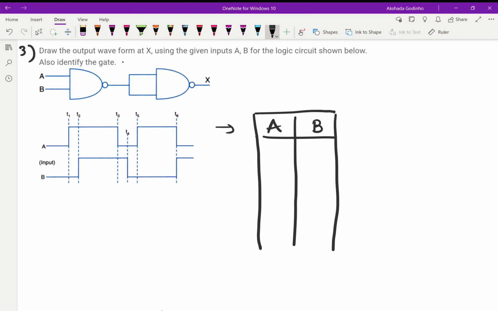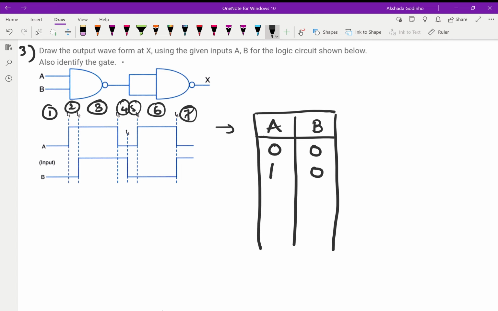So we have A and B. Let's start. It's already marked for us, so we can do it easily. But for our better understanding, we can mark it like this. 5, 6, and 7. The inputs, first ones are 0, 0. Next we have 1 and 0.